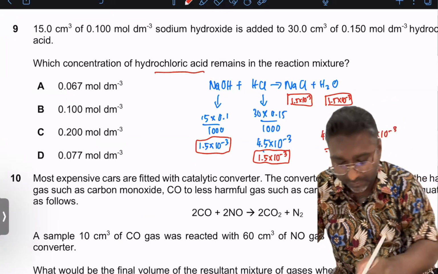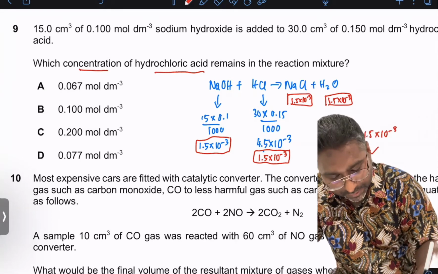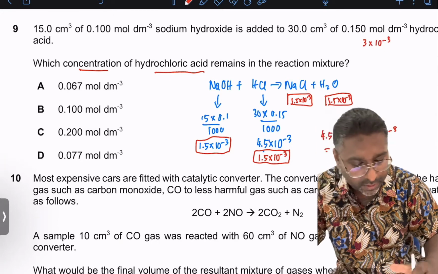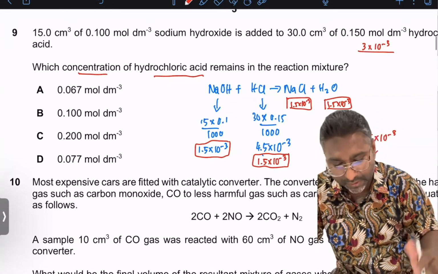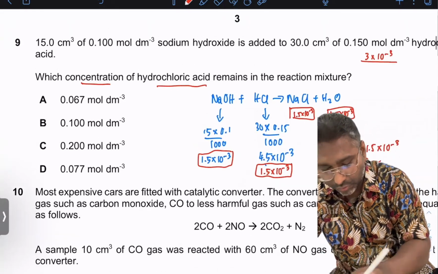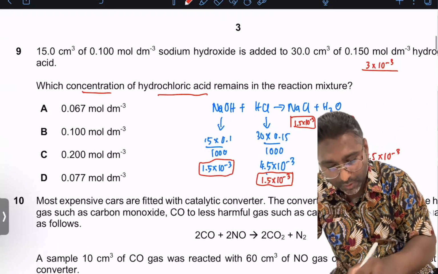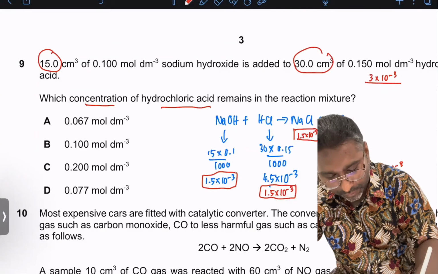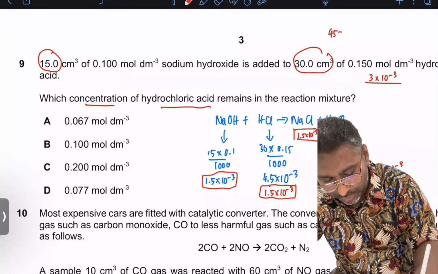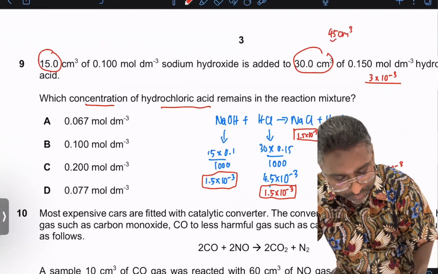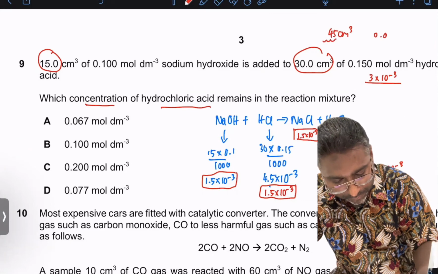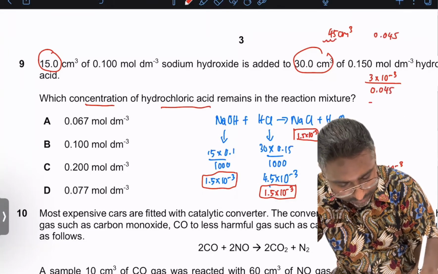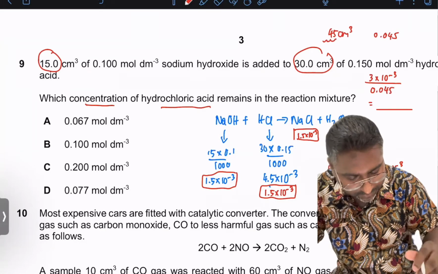They want concentration, so concentration is 3 times 10 negative 3 divided by volume in dm cubed. But you must include both volumes, so 15 plus 30 is 45 cm cubed. You need to divide by 1000, so it becomes 0.045.